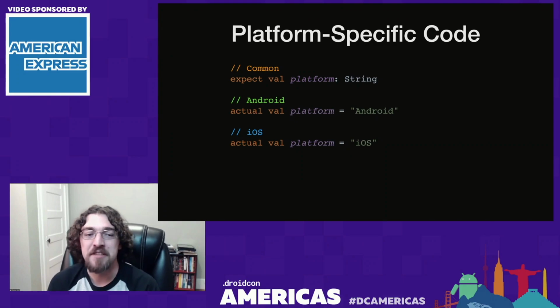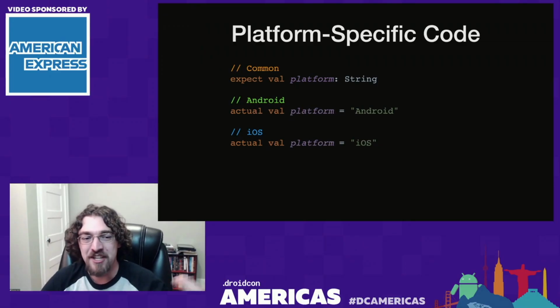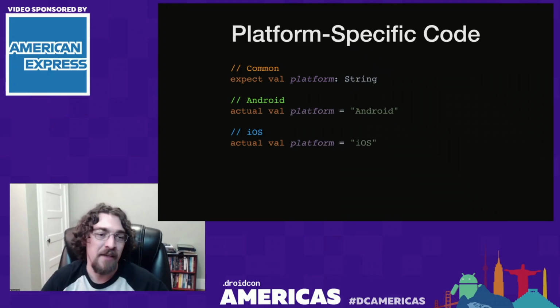I like to think of this as a sort of dependency injection, where there's going to be an exact one-to-one match between the expect declaration and the actual declaration per platform, and the build will fail if it's not there. That's really nice if you want to wire your things together and make sure that everything you're expecting is there, but it has certain inflexibilities too.